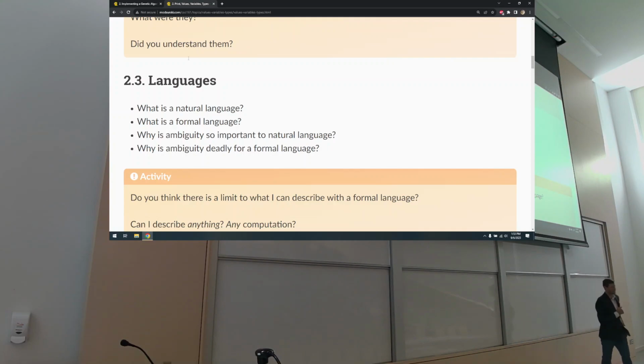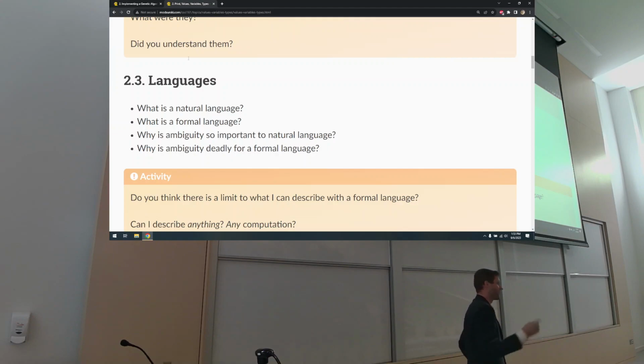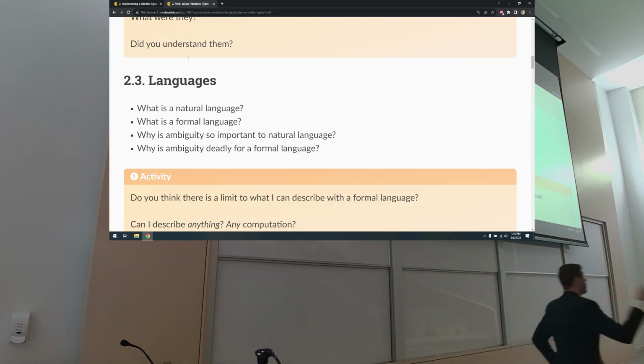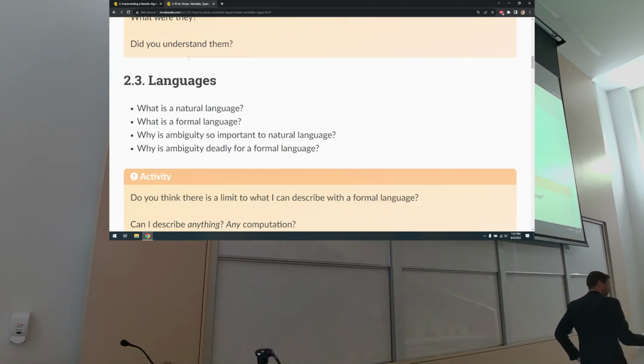Does anyone know the answer? Yes. You know the answer? You think the answer is yes? I got bad news for you. One of the most interesting discoveries of the last century is that it turns out there's stuff out there we can't compute, and we don't necessarily know what. And there's a flip side of this with mathematics about like proofs and whatnot too.